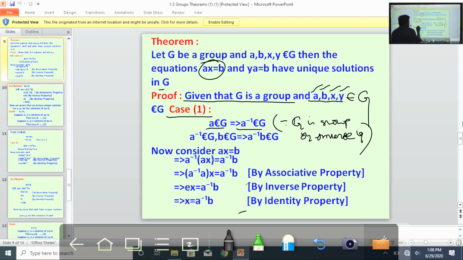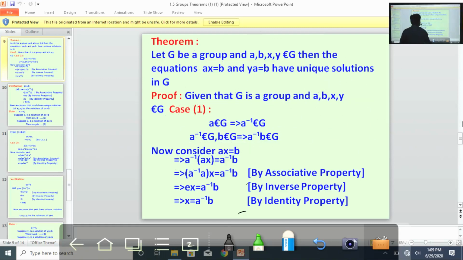Now again A inverse belongs to G, and B belongs to G. Therefore, A inverse B also belongs to G. Why?